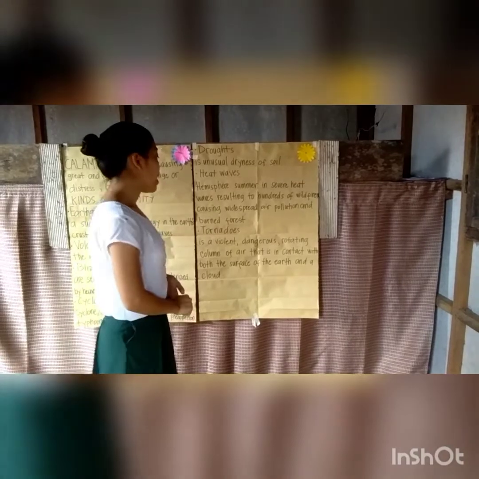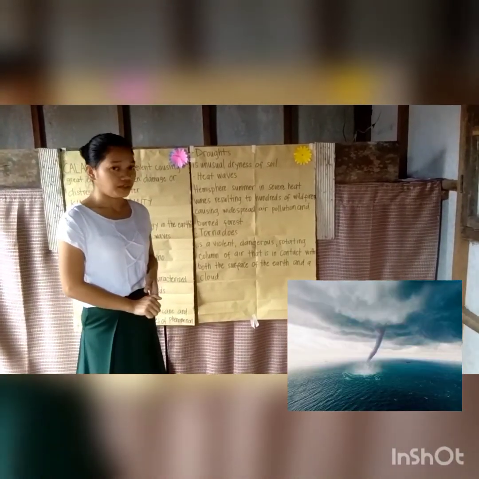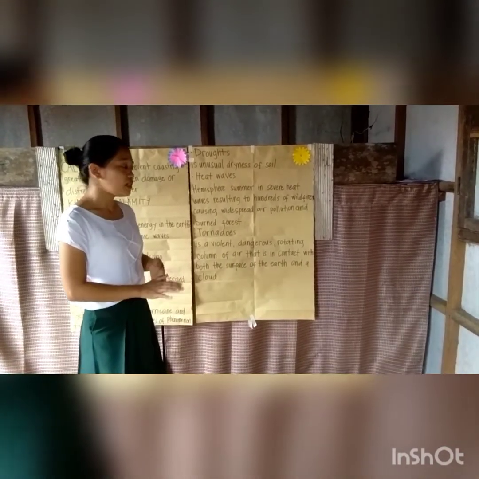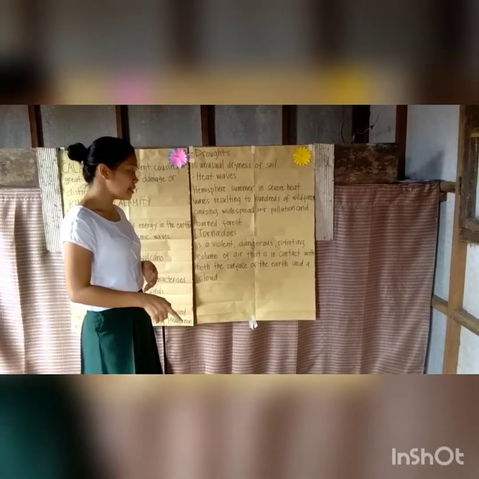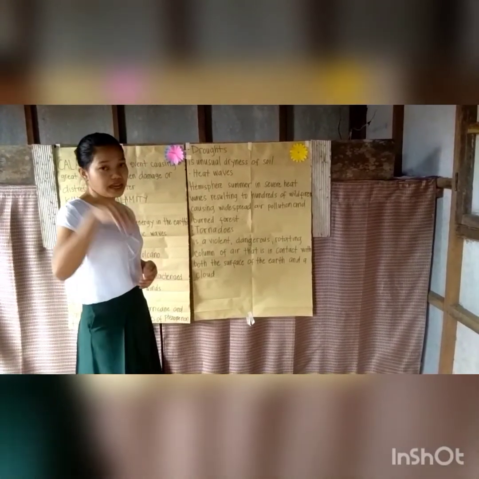Next, tornadoes. A tornado is a violent, dangerous, rotating column of air that is in contact with both the surface of the earth and a cloud.